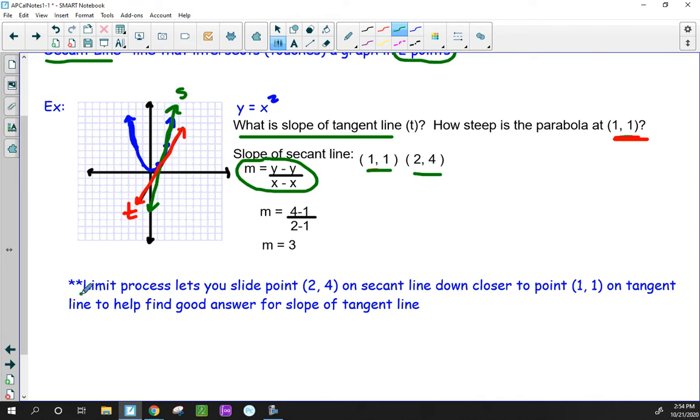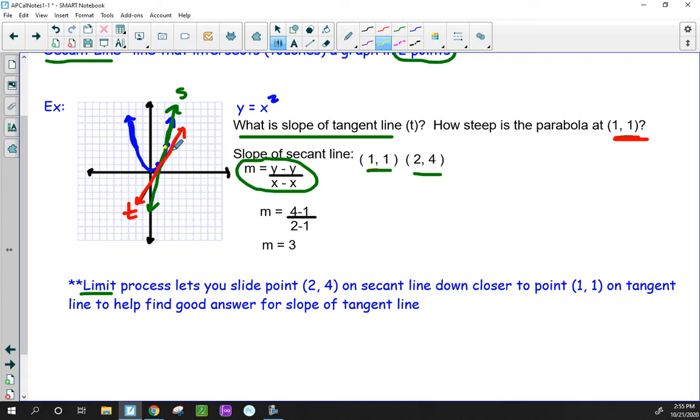And so the limit process allows you to slide the point (2, 4), which is right here, closer, on the secant line, down closer to point (1, 1), that's on the tangent line, to help you find a good answer for the slope.